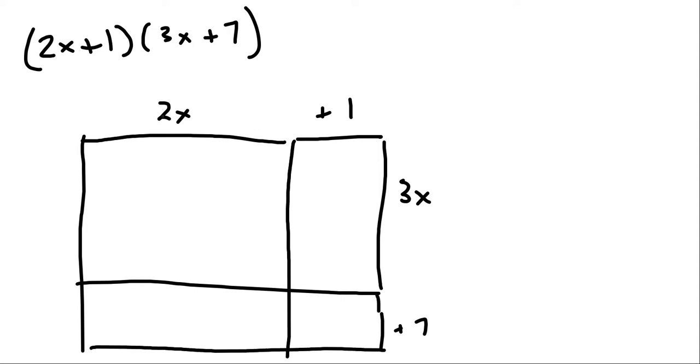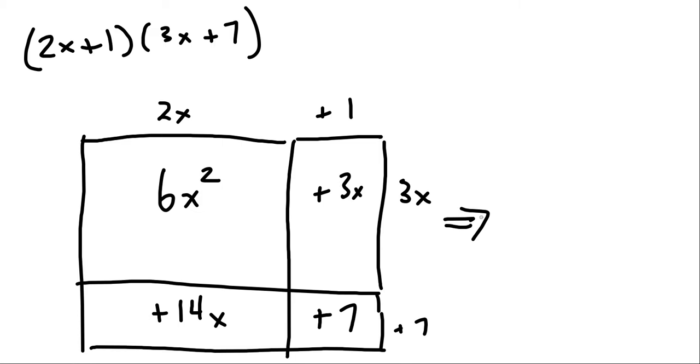All right, so 2 times 3 is 6, x times x, x squared. One group of 3x's is one group of 3x. One group of 7, just a 7. And then you got 7 groups of 2x. So plus 7 times 2, 14, and x. We gather like terms together.